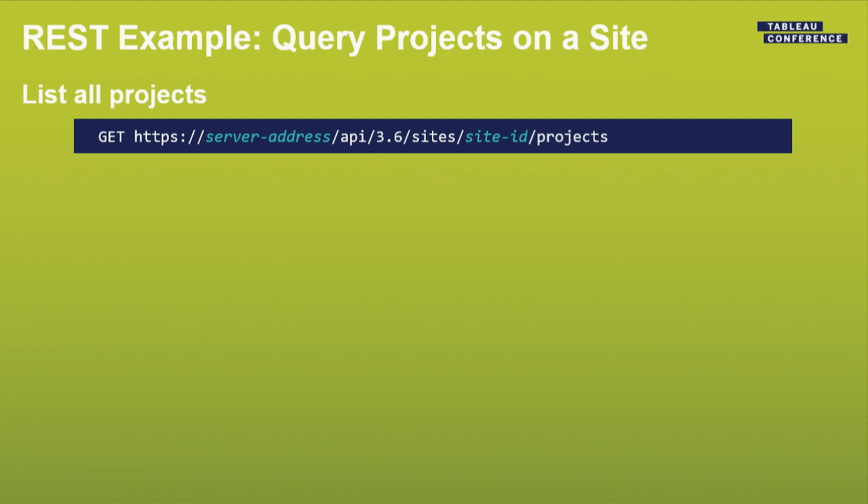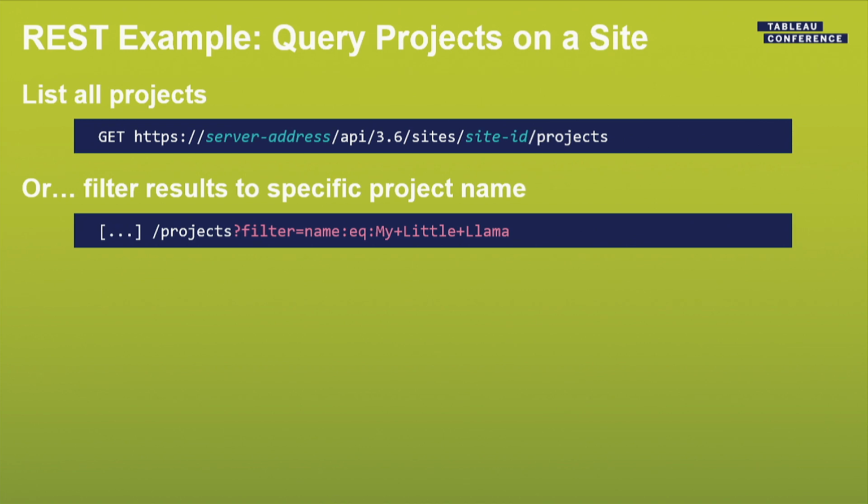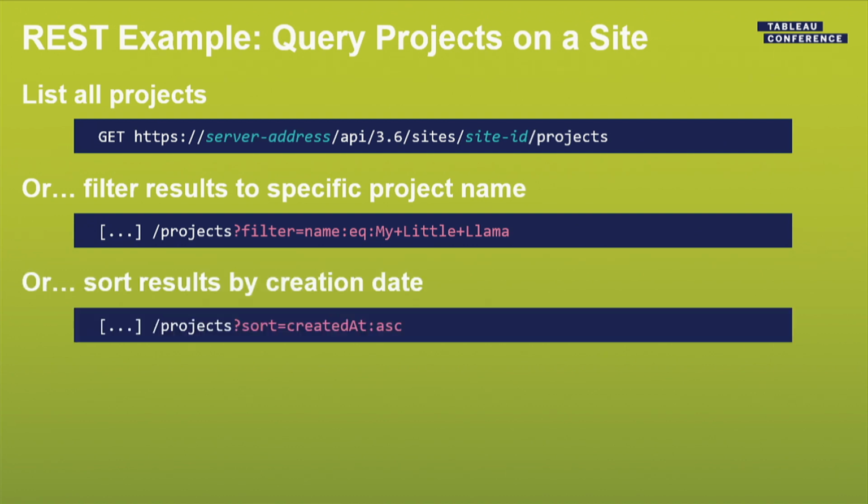Now let's look at a query request. We can list all the projects just by changing the HTTP verb from POST to GET. And as you can see, the URL stays the same. And more than that, if you have lots of projects on your site, you can even query by adding a filter query parameter, specifying name equals my little llama, which is the specific project name we just created.